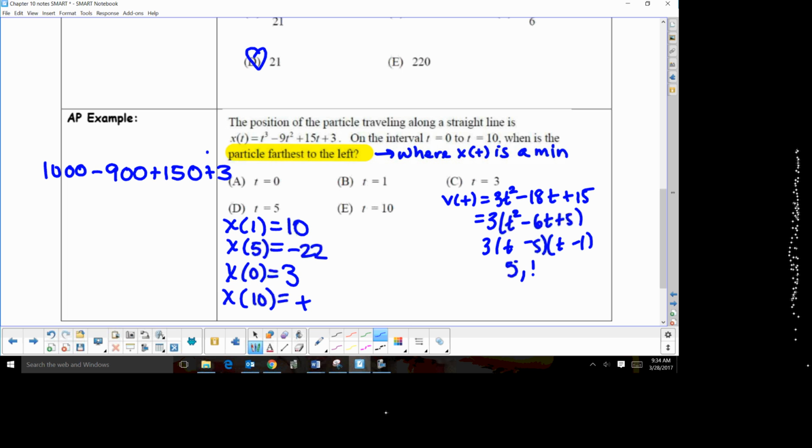But I really wanted to find it all. It's not too bad. If I was looking for the absolute max, when it's farthest to the right, I'd have to find out what that is. So, where is x of t at minimum? When t is 5.